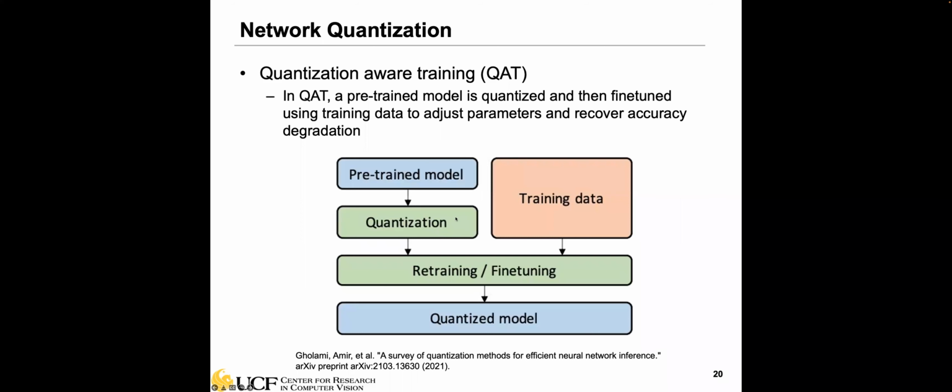So this will affect the model performance. So you want to do some fine-tuning or retrain your model to try to regain that information loss, right? So you do this kind of quantization aware training. Hopefully after this retraining or fine-tuning, the performance will not drop significantly.